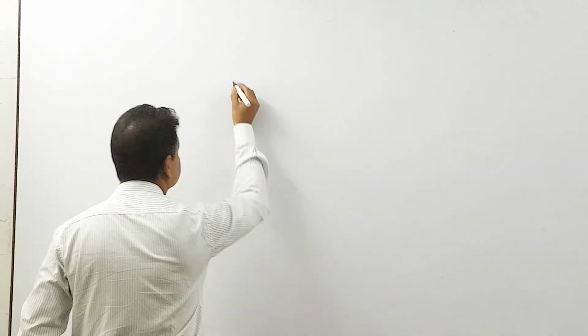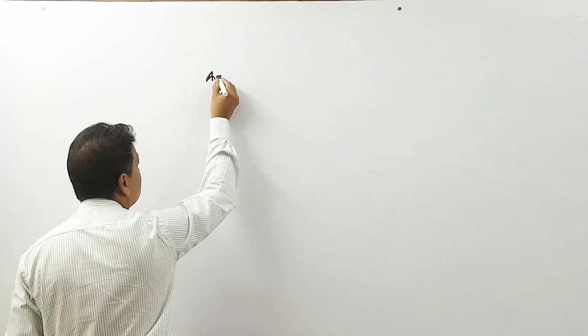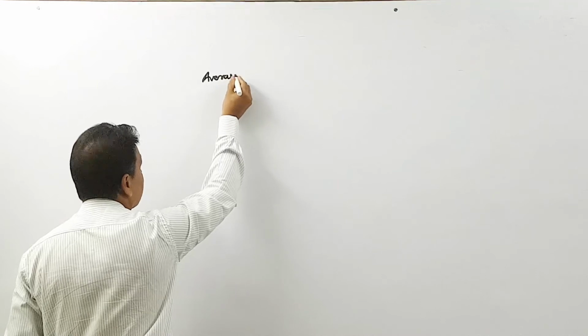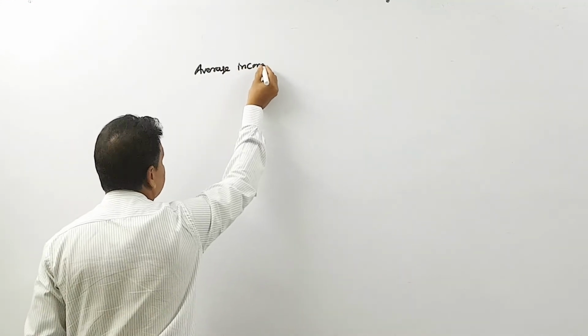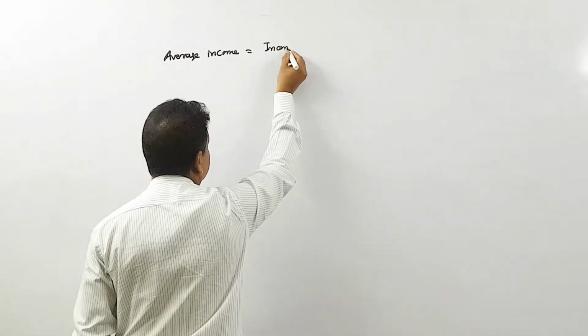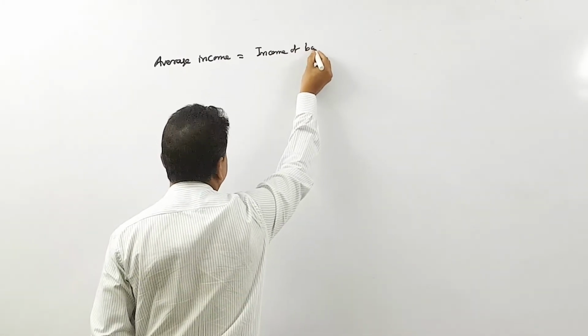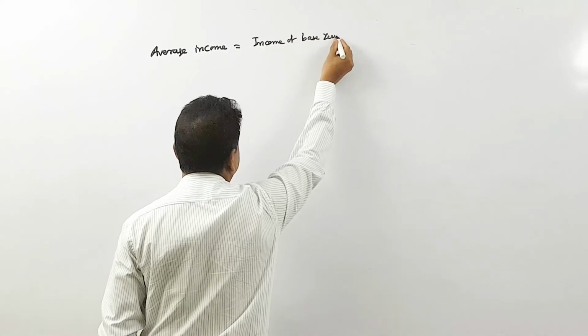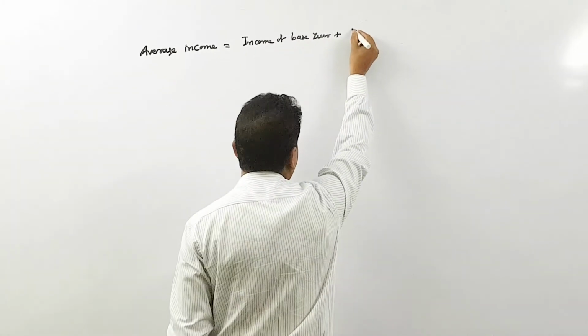Your basic salary is 6,000. So now write expected salary, or you can mention also the average income. Income of base year plus increment.